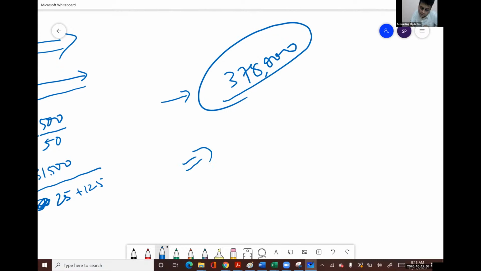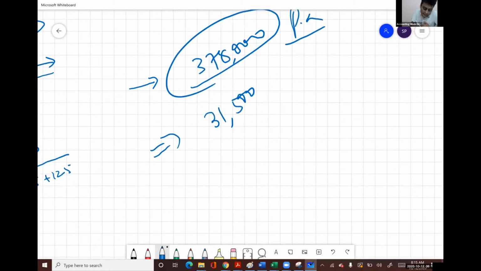Correct? This is per annum. Per month, 31,500 it seems. Per month is how much? 31,500. Right.